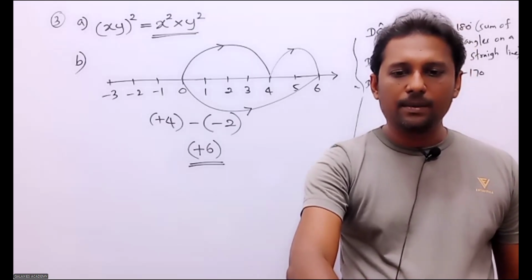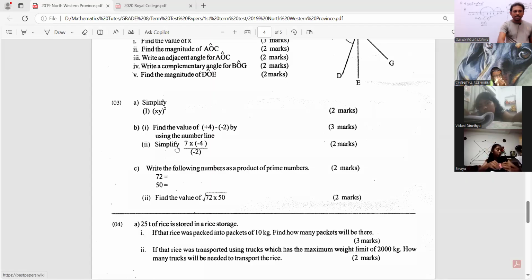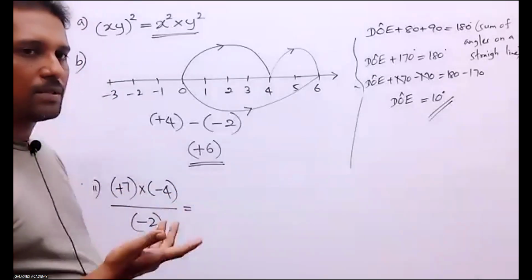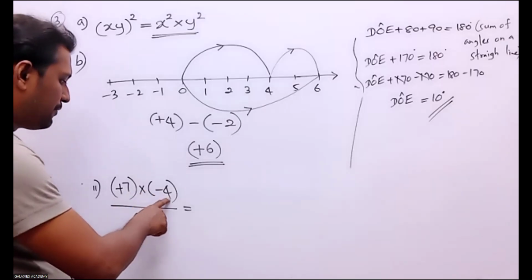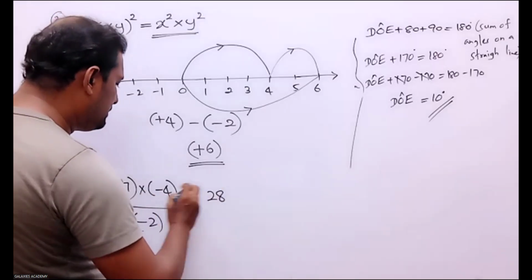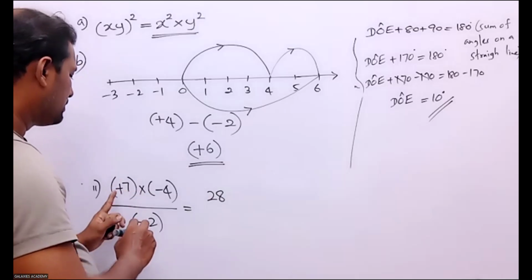Right. Then third part, look at the third part given. Simplify 7, 7 means +7, no? Multiply -4. Divide -2. Right. Now revise the knowledge. Without using the number line, we have to simplify. 7 times 4, 28. Positive multiply negative.